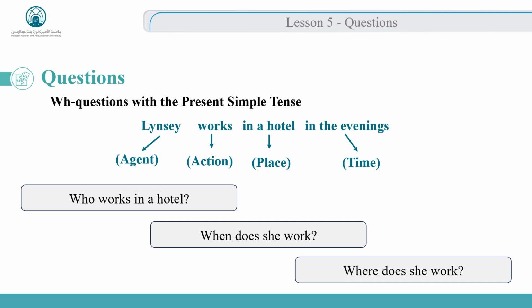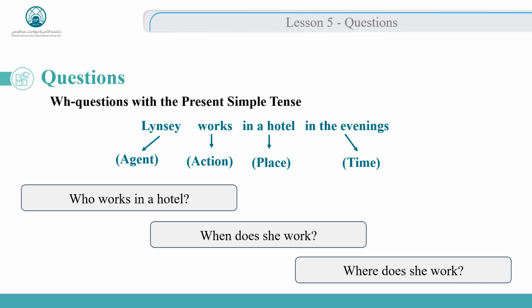It gives us information about the action itself, works. It also gives us information about the place where the action happens, and the time when the action happens. Here, we can ask questions about each bit of this information.